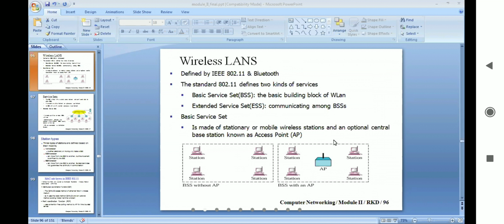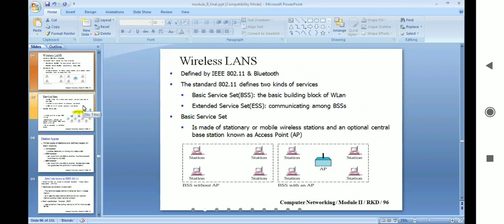Using that access point, you can access the internet and go for chatting with each other. That is also a wireless LAN, but you need some infrastructure for communication, and that is known as a BSS with an access point.